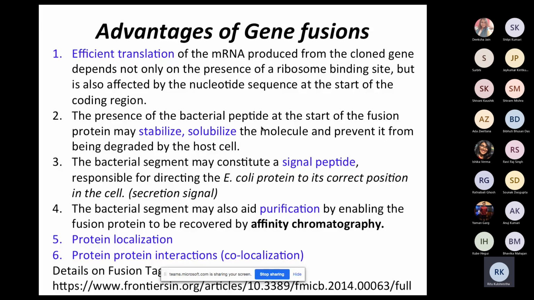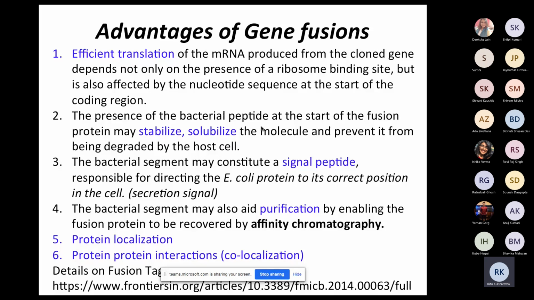In some cases the addition of the tag was leading to folding in the form of a micelle, in which the solubility was better. In some cases there was a change in the charge, and that's why the solubility was better, and so on.